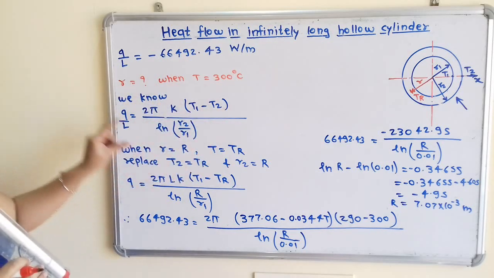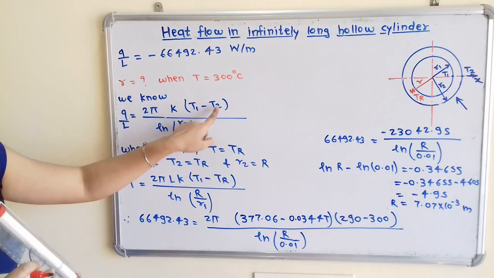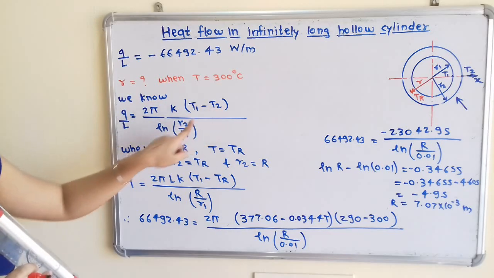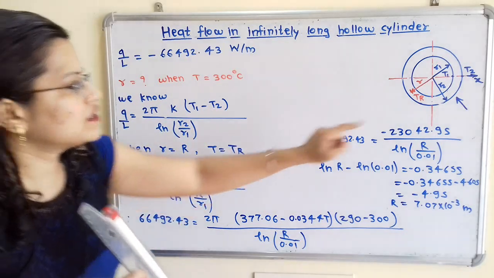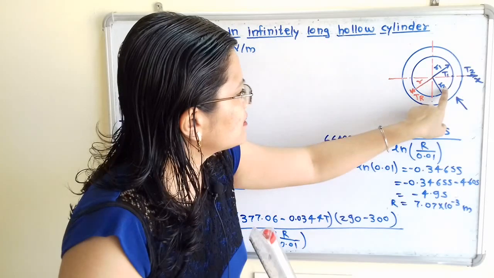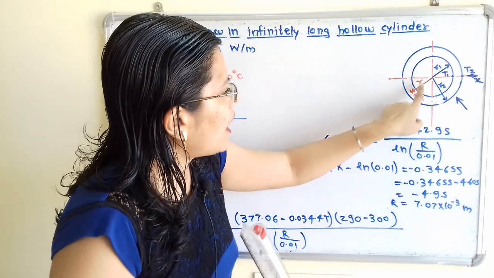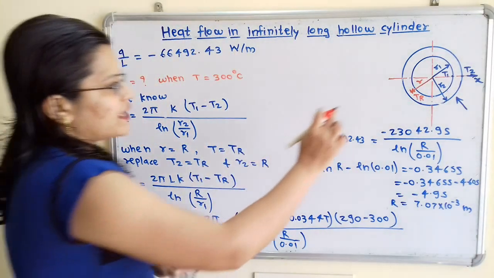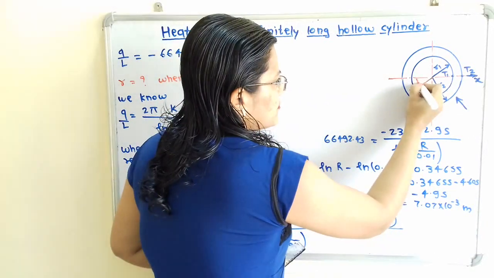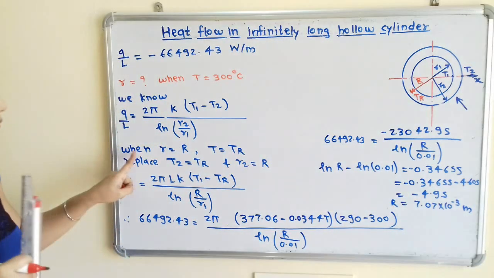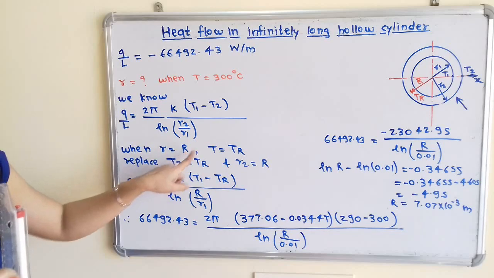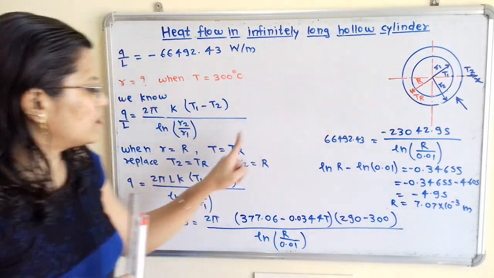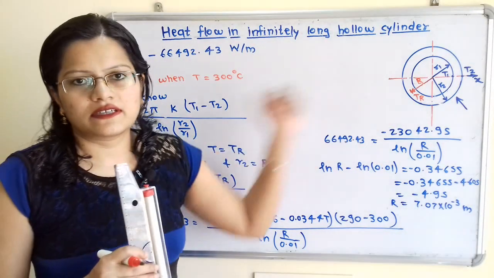So how to find this? We will replace this T2 and R2: instead of T2 and R2, we will put here R and TR, and I will write R as a capital R. So when R is equal to capital R, then T is equal to TR as per the diagram.